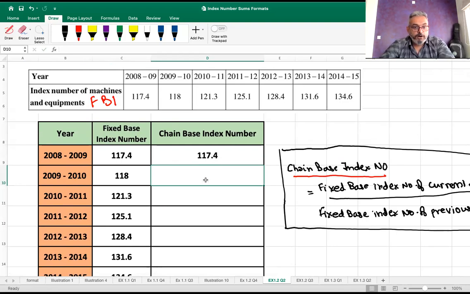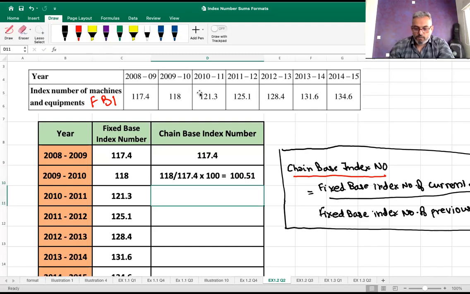Now for 2009-2010: 118 divided by 117.4 into 100 is equal to 100.51.